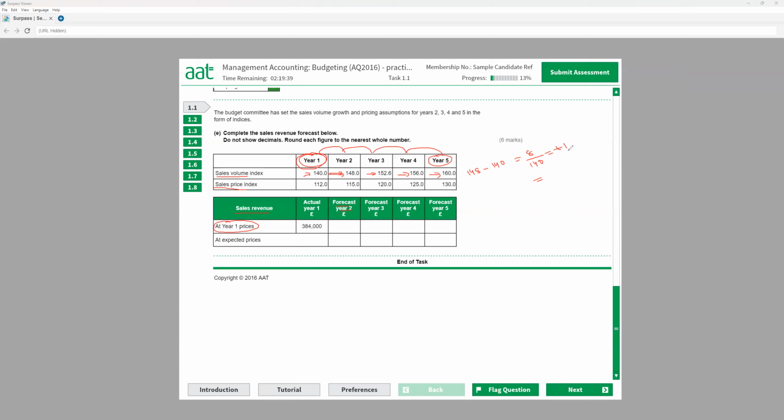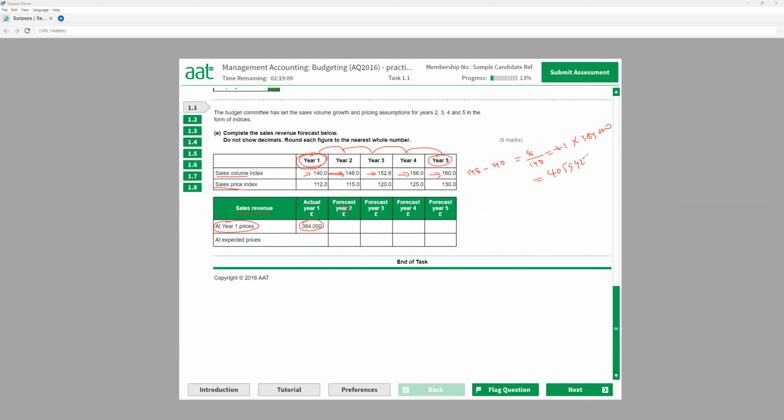If we multiply the result by 384,000, that gives me 405,942.8.